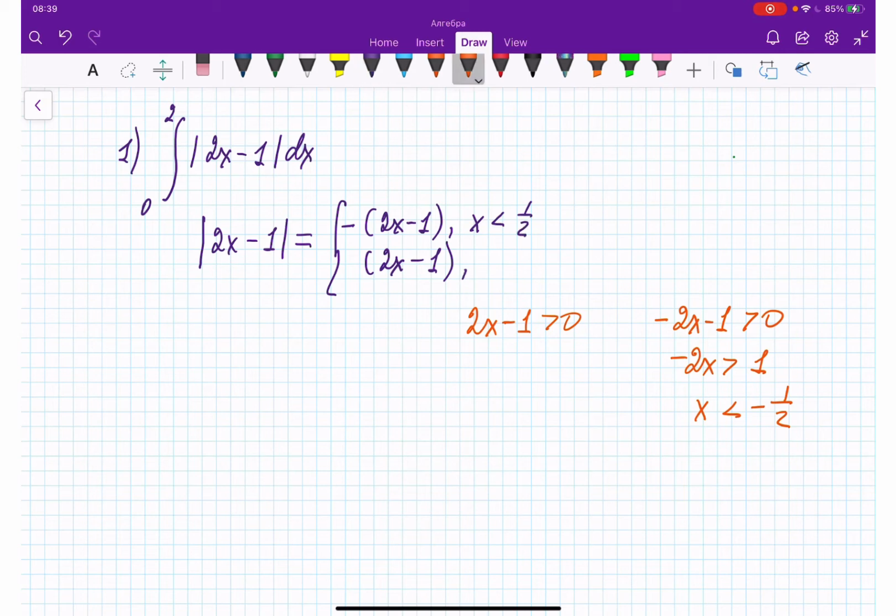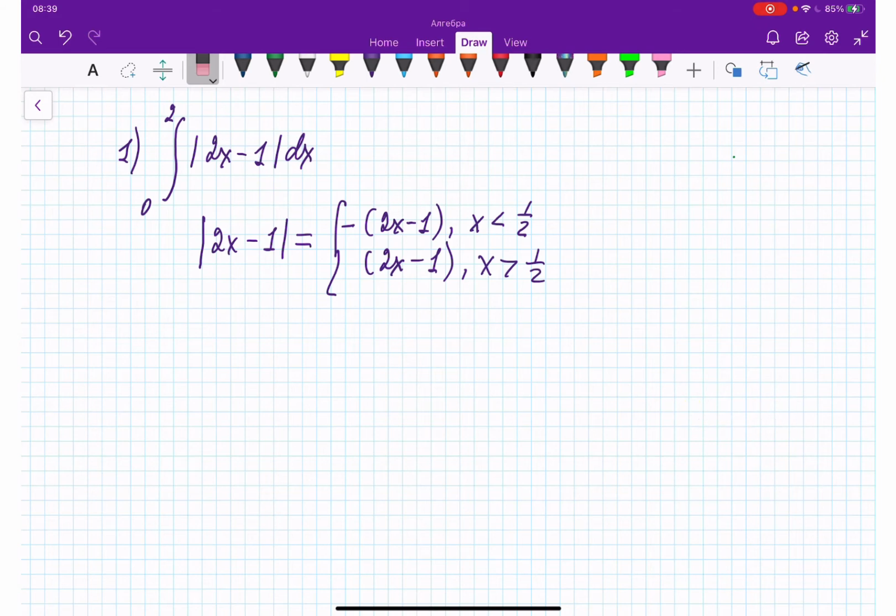Let's see the other case: 2x is greater than 1, so x is greater than 1/2. So it looks like 1/2 is the point where it splits the negative part from the positive part.